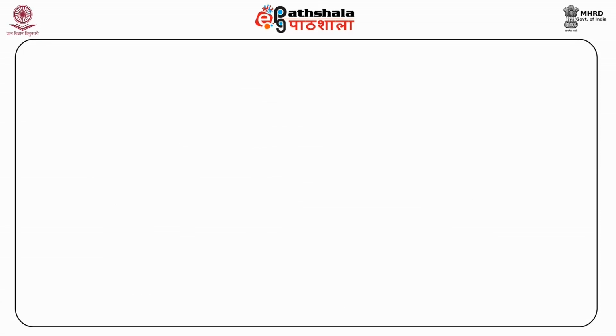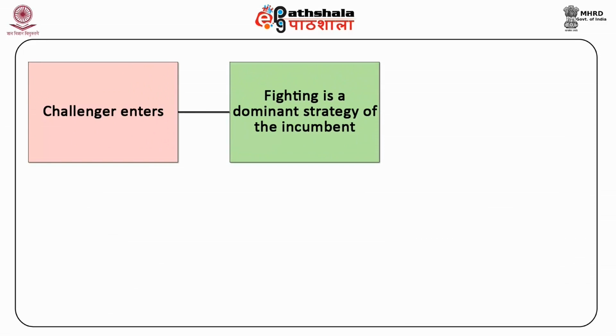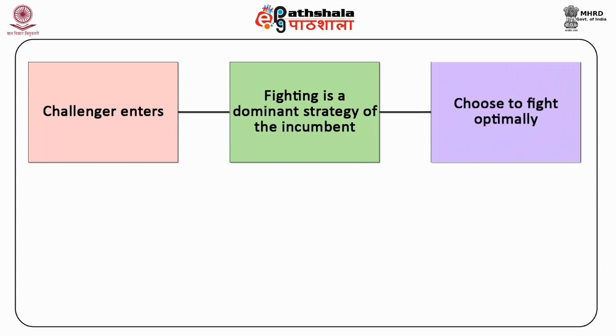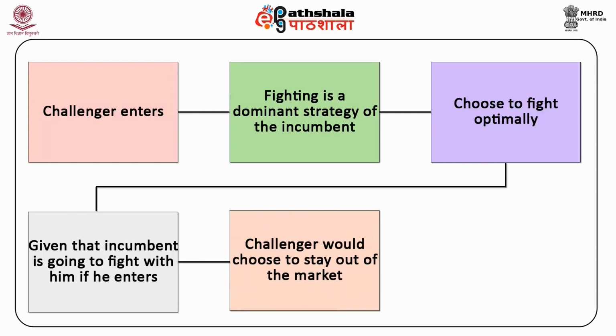Thus, in this case, given that challenger enters, fighting is a dominant strategy of the incumbent. So, he would choose to fight optimally. Given that incumbent is going to fight with him if he enters, the challenger would optimally choose to stay out of the market.